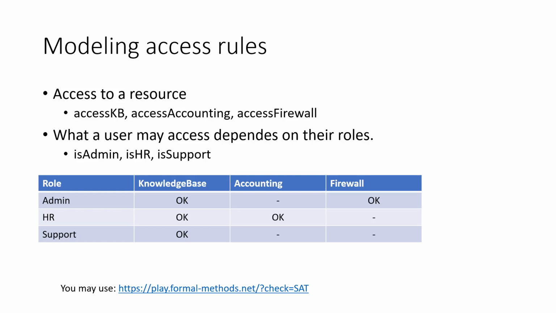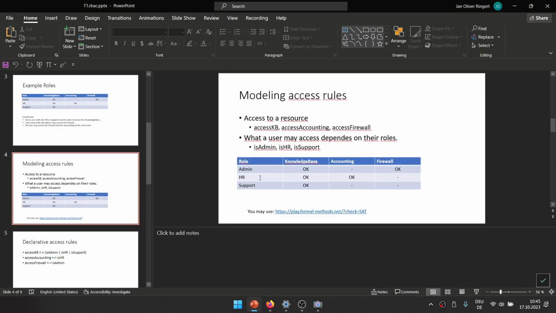So basically by linking the resource to the role and then putting a disjunction, you only have access to the firewall if you are an admin, you only have access to the knowledge base if you're an admin or HR or support, then we would avoid this problem of the clashes.